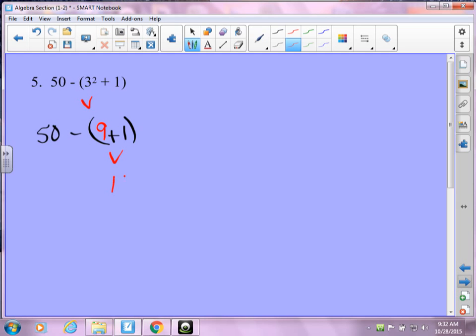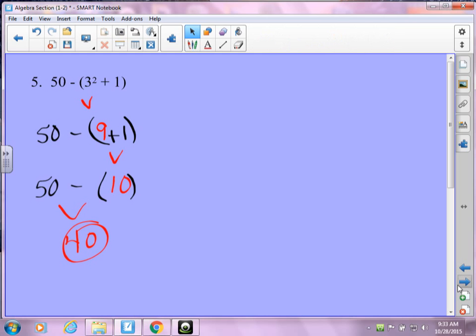I get 10. Okay, now you've got a choice. I can put the parentheses still there. I'm going to keep them there just because they are. But technically, does that parentheses serve any function? It really doesn't. So if it doesn't serve a function, if you want to take it off, you can. If you don't want to, that's fine too. Okay. So I'm going to keep going, and I get 40. Questions?